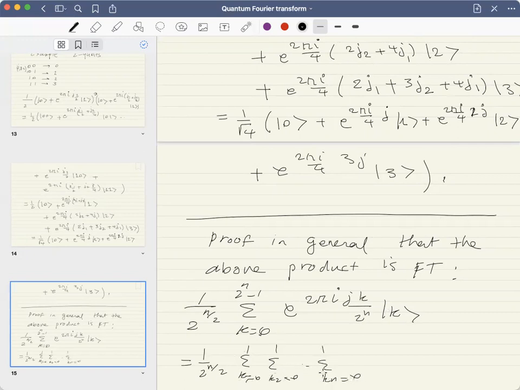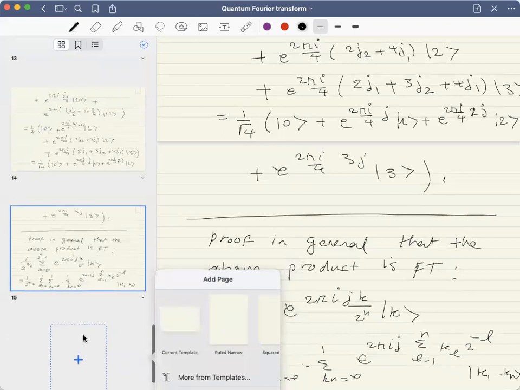So each of them can take 2 possibilities. That gives me 2 to the n different possibilities. And here I write e to the 2 pi i j times this k over 2 to the n, which I write as a sum over l equal 1 to n of k_l 2 to the power minus l. And then here I have that k, I represent it as k1 up to kn.